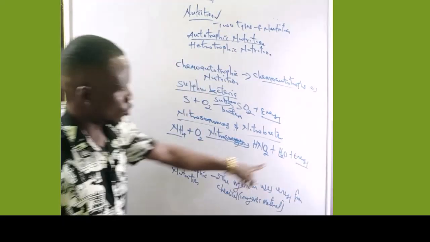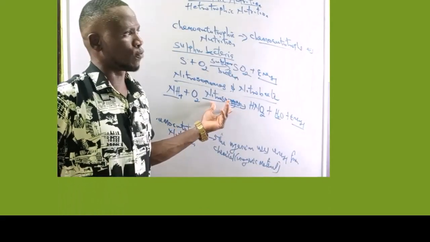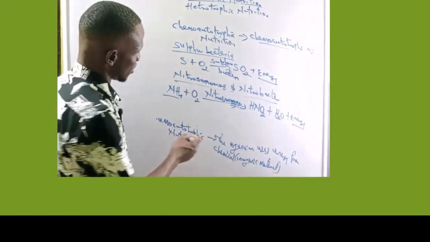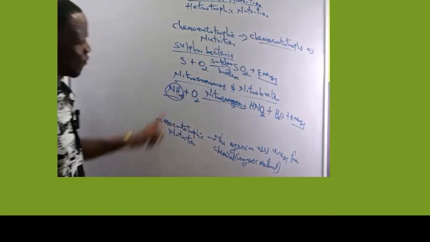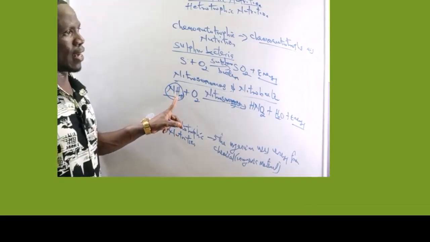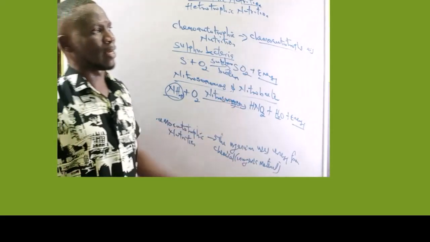The energy produced is used with water to produce their own food. So this process uses energy gotten from the chemical or inorganic material ammonia to produce their food by themselves.